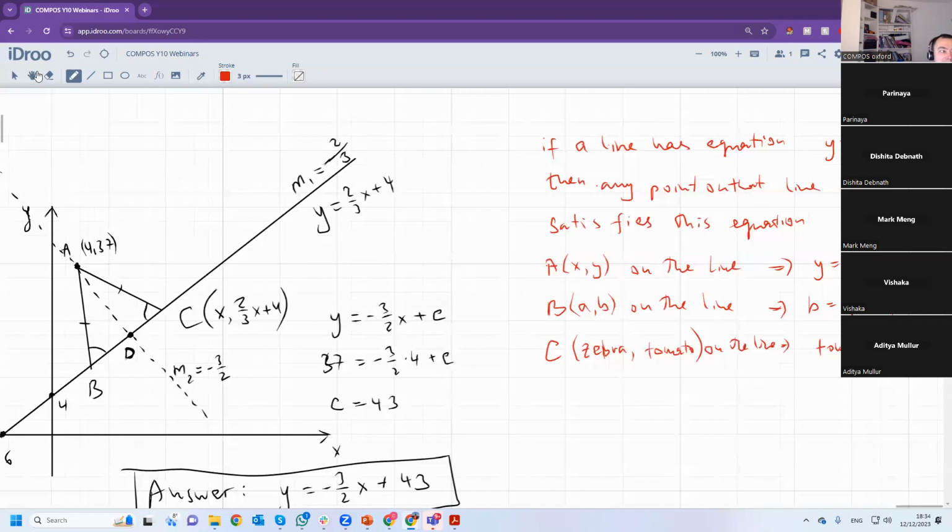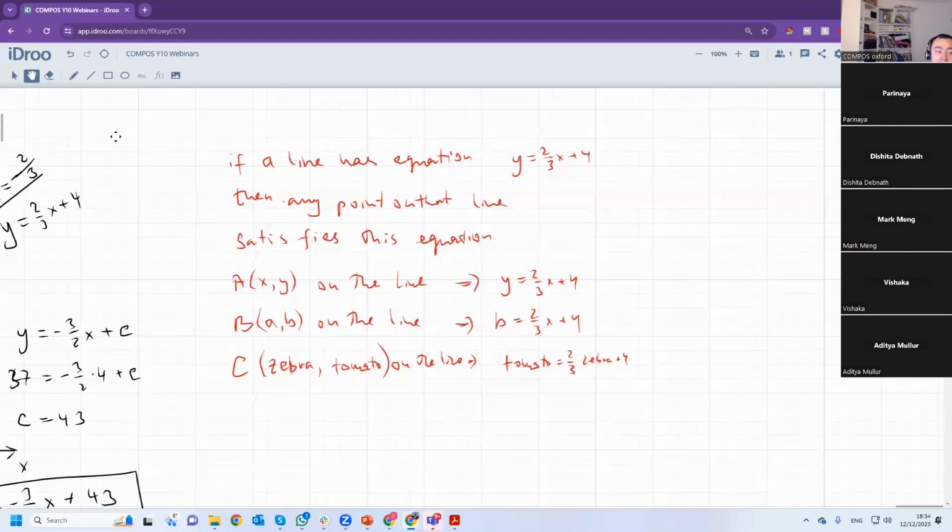And therefore, assuming that C has x coordinate x, which we don't know, the y coordinate has to be 2/3 x plus 4. Just like if I assume the x coordinate is a tomato, it would be 2/3 tomato plus 4. Does that make sense, everyone?